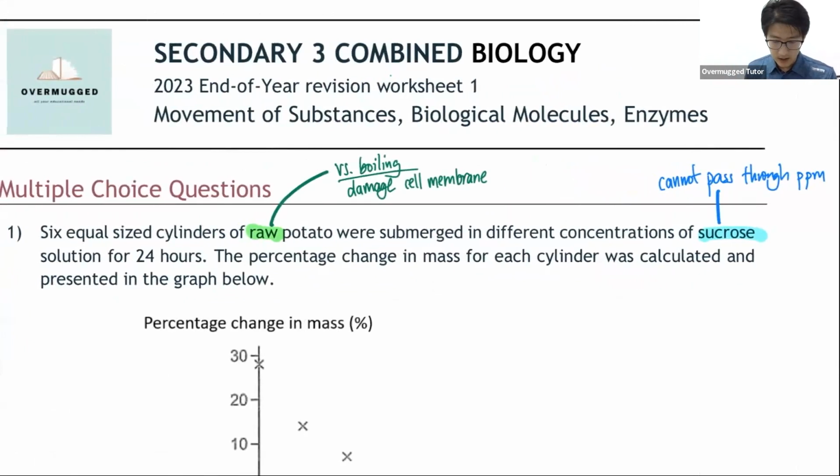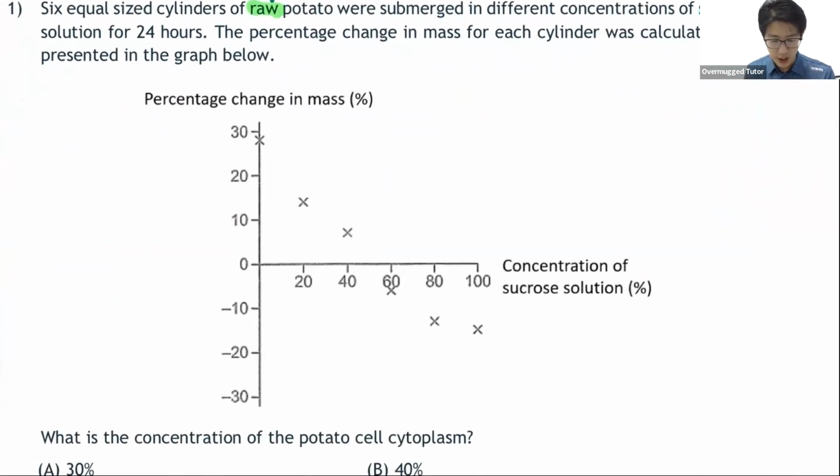Okay, so this is what we see over here. We have a percentage change in mass. What we can see here is we have 2 types of values. The percentage change does not tell me specifically whether it became larger or smaller. It just tells me that there is a positive change and a negative change in mass.